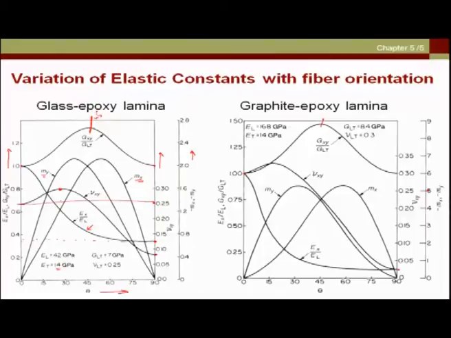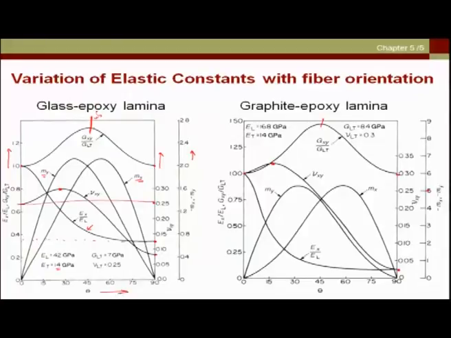For graphite epoxy, let us again look at it. It again starts from 0.3, this is the starting point, and the Poisson ratio keeps on decreasing, and it is pretty small at around 0.025 at 90 degrees, but it maximizes at around 15 degrees for graphite epoxy lamina.